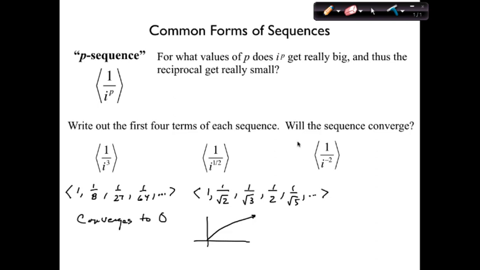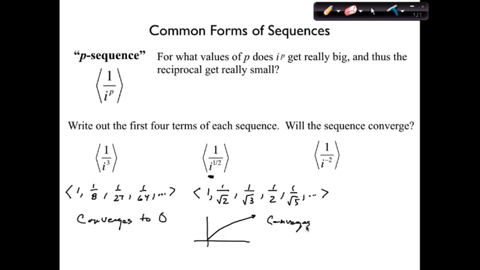You never run out of I's. So for any denominator that you want, all you have to do is go out to the I squared term, and you get 1 over that denominator. So, does this converge or not? Yes, converges to 0. Even though it's square root, the square root function just keeps increasing. Pick any value of y in the square root function, you can eventually find an x that gets you that y. It does not flatten out. Therefore, it converges to 0.